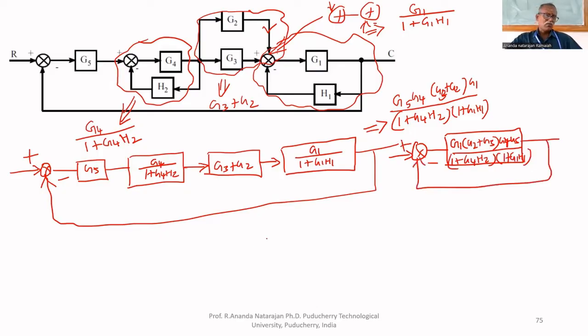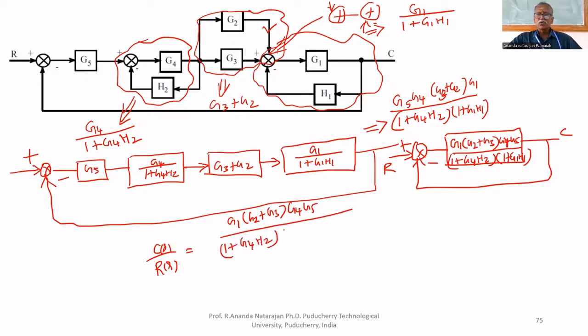Now we have to apply 7th rule. RC. If you apply 7th rule, what you will get? C of S upon R of S equal to G1, G2 plus G3 multiplied by G4, G5 upon 1 plus G4H2 multiplied by 1 plus G1H1.